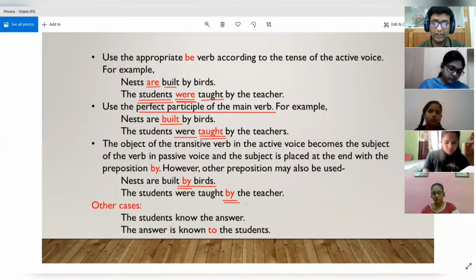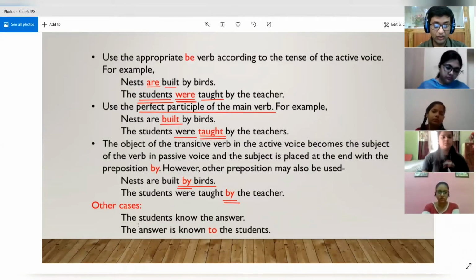But sometimes you don't always use by. Sometimes some other preposition may also be used. For example, consider this sentence: The students know the answer. In this case, you can see the subject is students and answer is the object, right? First of all, the position is reversed.